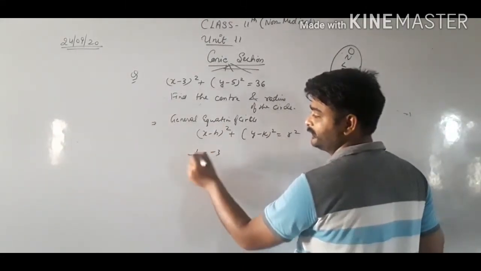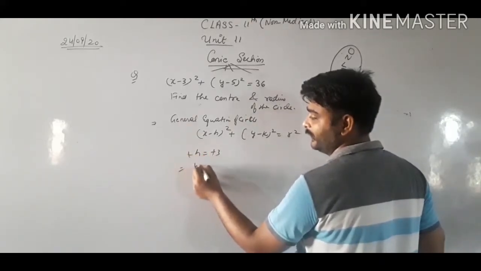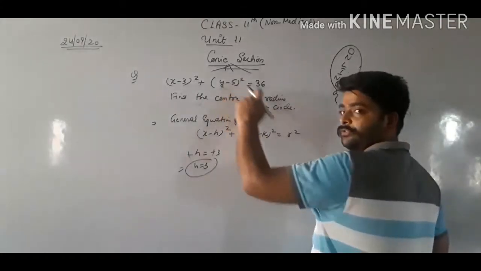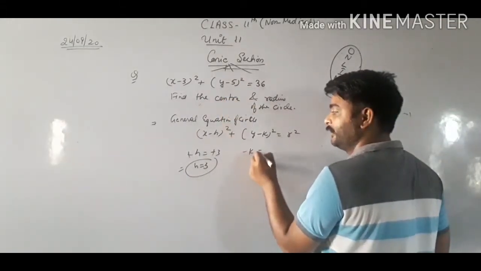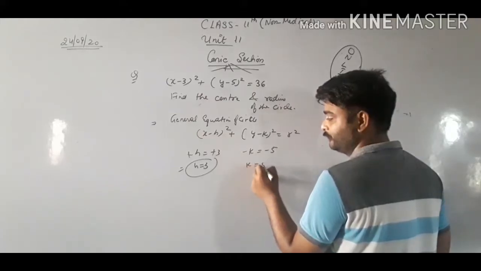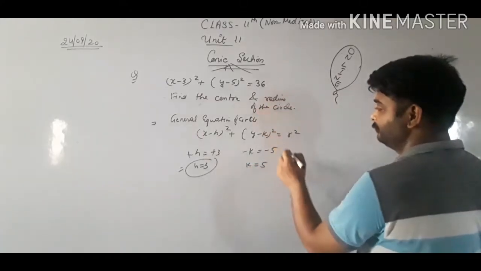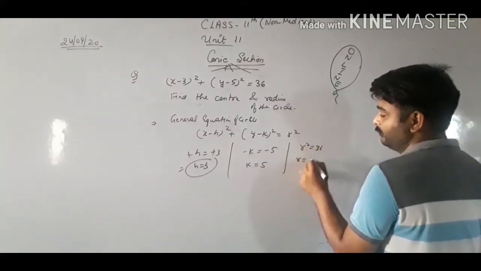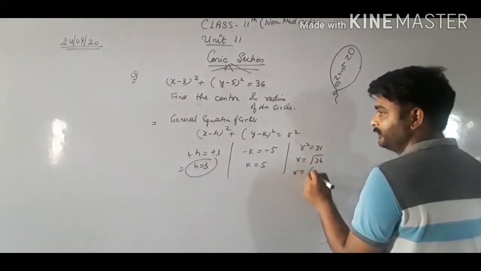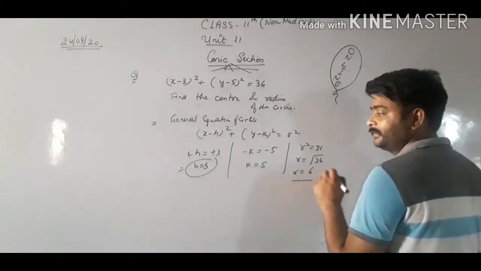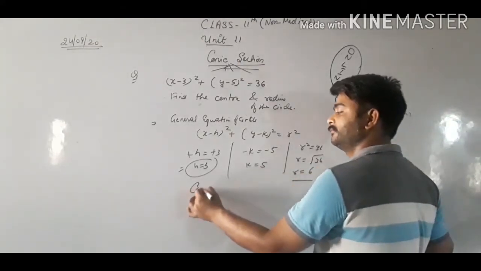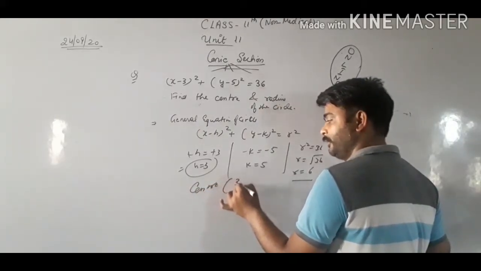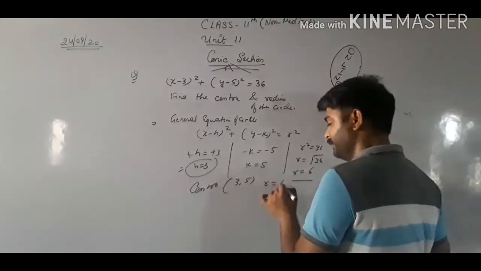Minus h equals to minus 3, minus minus cancel out, so h equals to 3. y minus 5, so k is 5. Now r square is equals to 36, so r equals to root of 36, that is 6. So center is 3, 5 and radius is 6.